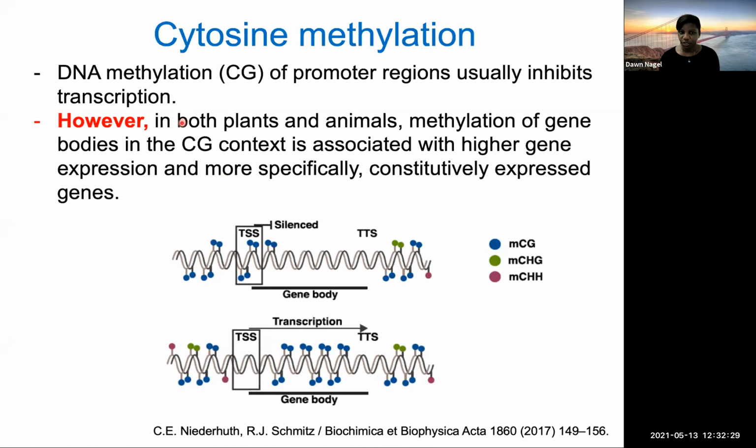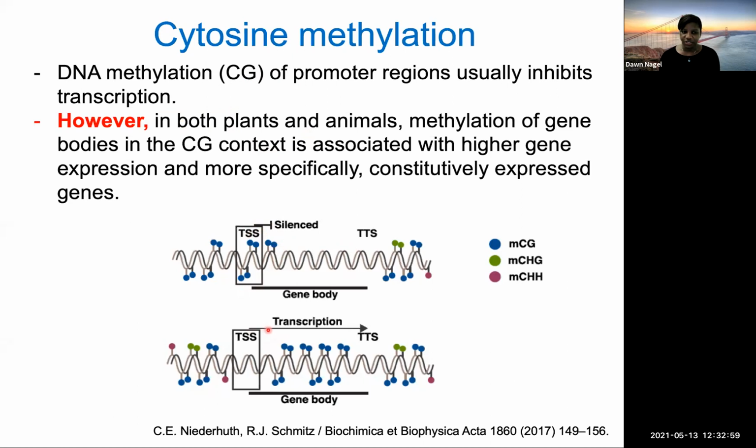Depending on the type of DNA methylation that's happening, you will have a different effect on gene expression. So we mentioned that CG methylation is the most common form because it's the one that's conserved between both plants and animals. CG methylation in the promoters of genes is associated with silencing of genes or gene repression.